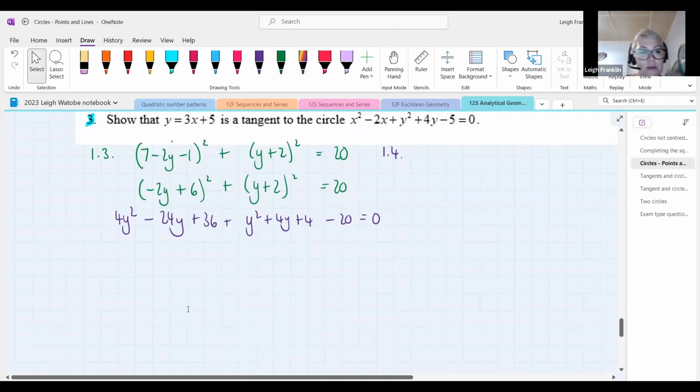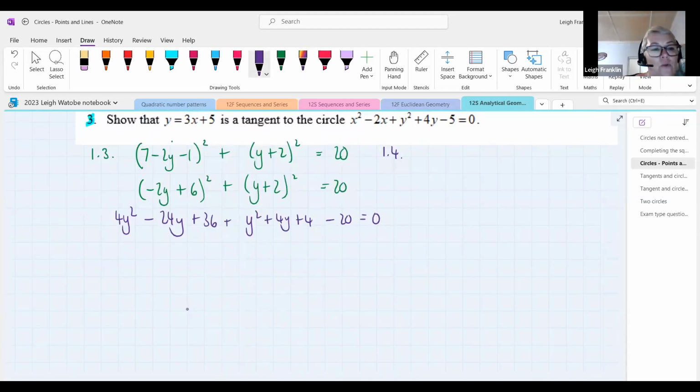Let me just double check that I've squared this correctly. 4y squared, yes. So now we would end up with 5y squared minus 20y plus 36 plus 4, which would be plus 20, equals 0. And then what did you do at this step over here, Tendai? I used the quadratic formula.